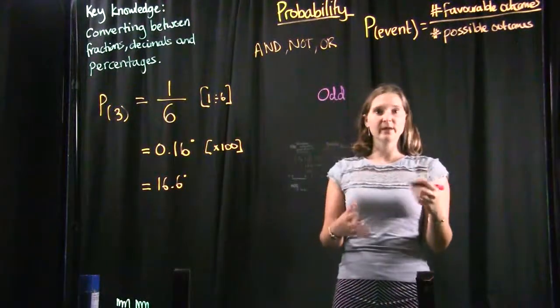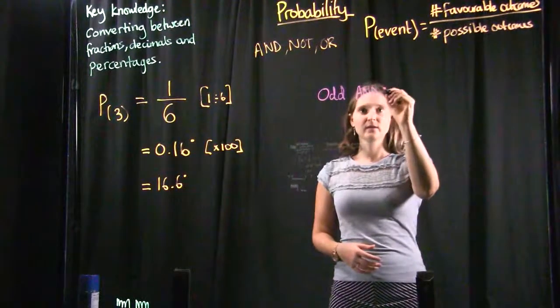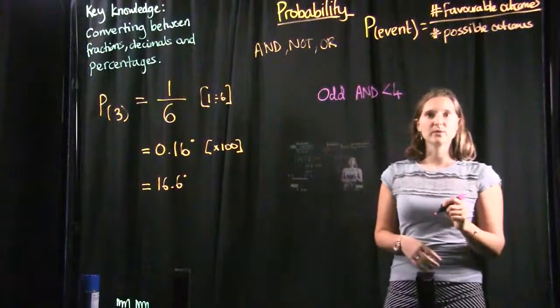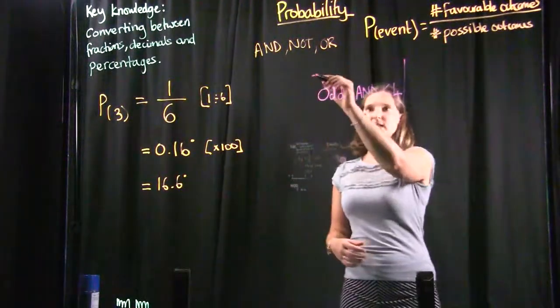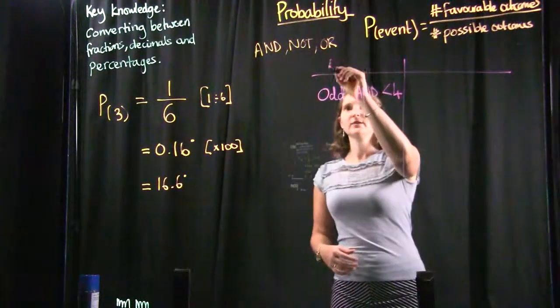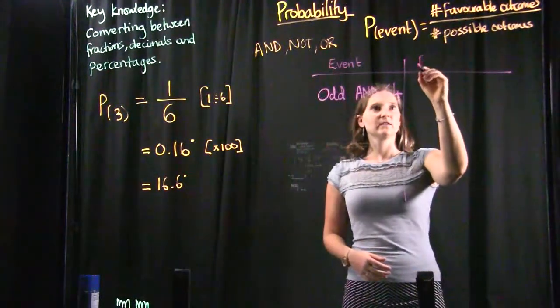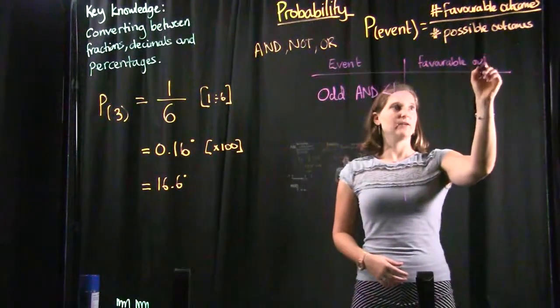So we want an odd number that is less than 4. We write odd and less than 4. So we want it to be odd and less than 4. Let's put this in a table to make it a little bit clearer. So we'll put event, and we'll put favourable outcome.